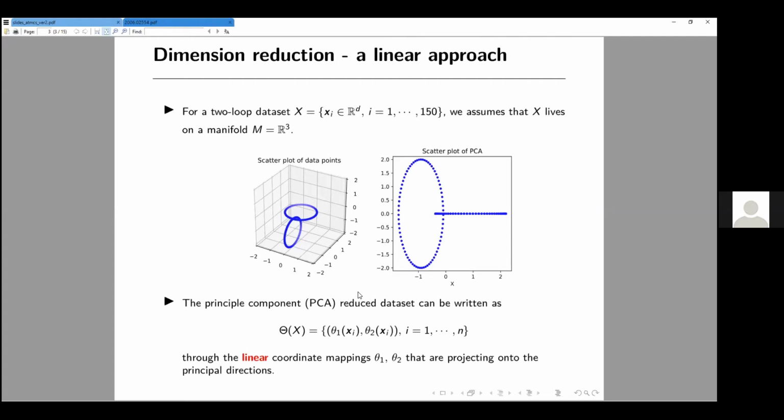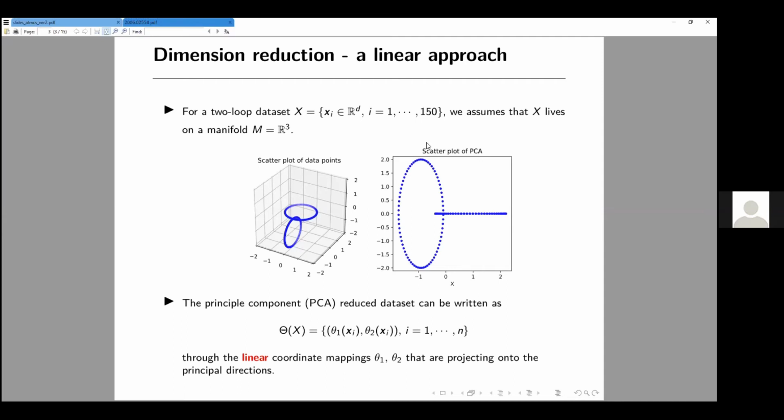As a first step, we try a very common linear approach, principal component analysis, abbreviated as PCA. PCA is a typical approach of dimension reduction, which projects the data onto the most varied directions. On the right-hand side, we have the PCA-analyzed data set retaining only the first two leading principal components.